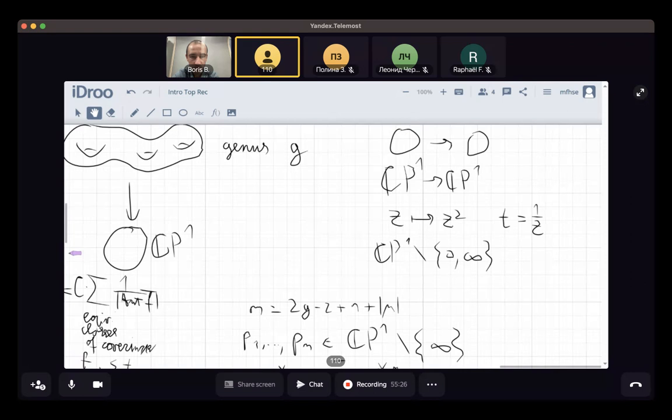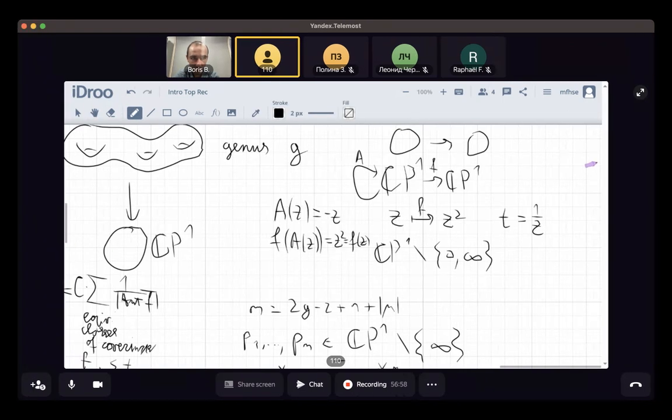The requirement on the automorphism is precisely this: it's some map from our surface upstairs, in this case CP1, but in general our genus G Riemann surface, a homeomorphism of it onto itself, such that this composition is the same as the original. F of A of Z should be equal to F of Z. Okay?